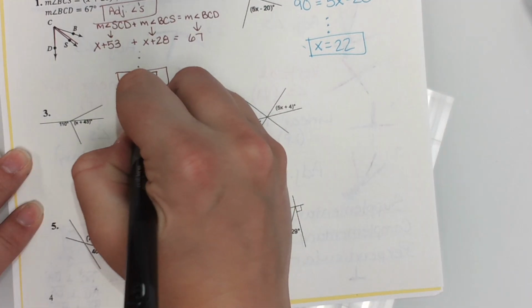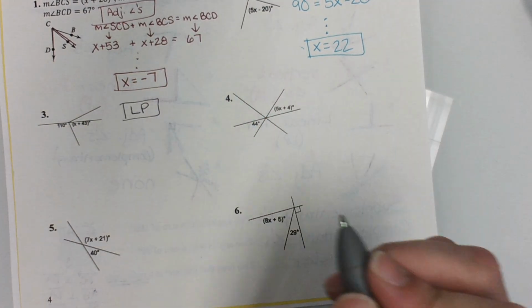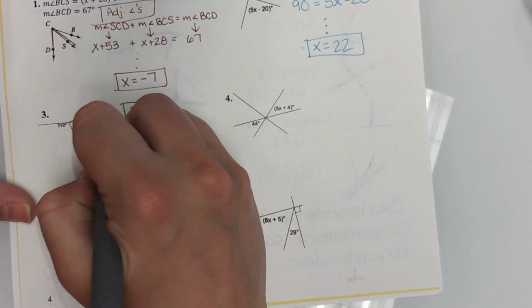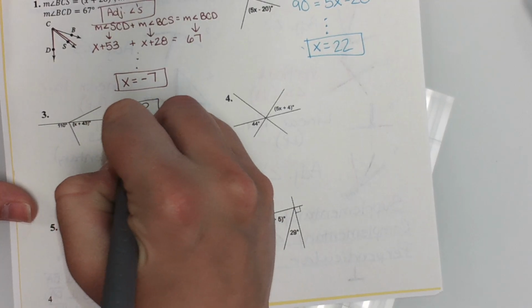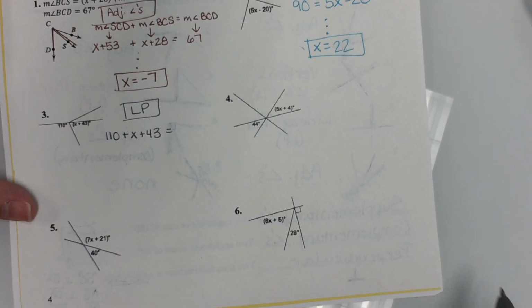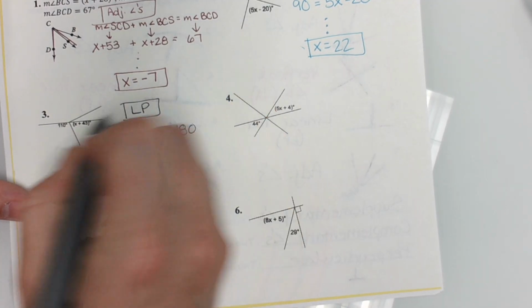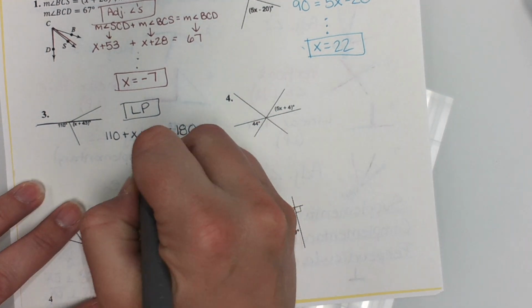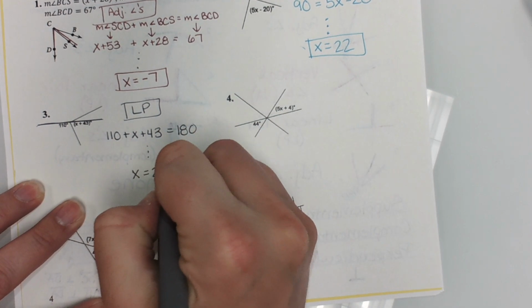They are a linear pair. According to above, if they are a linear pair, they are supplementary, meaning they add up to not 90, that's complementary. Supplementary adds up to 180 because they make a straight angle. X would be 27.